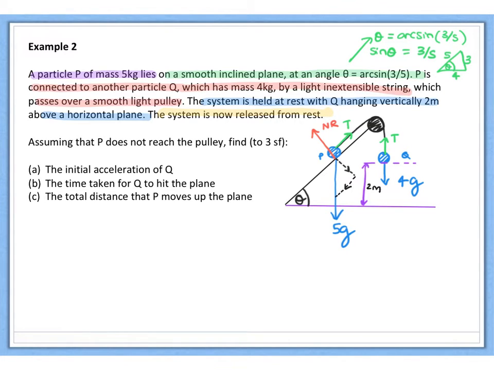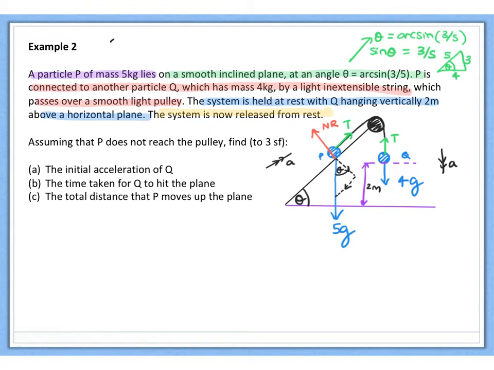And then we know from our previous work that this angle here will be theta. Now, when the system is released from rest, Q will accelerate downwards like that, and P will accelerate up the plane like that. Because the string is inextensible, tension remains constant throughout the string, which means resultant force is constant, which means acceleration is constant. And the same for both particles.